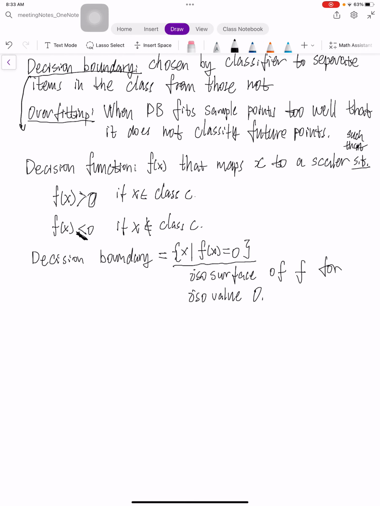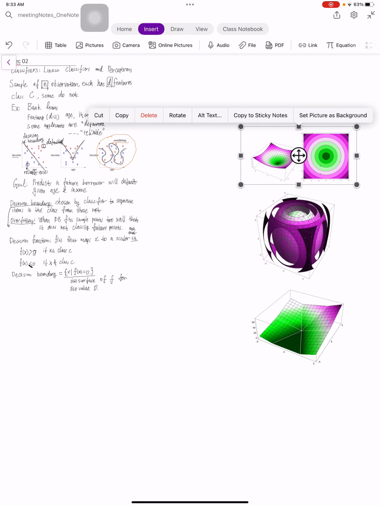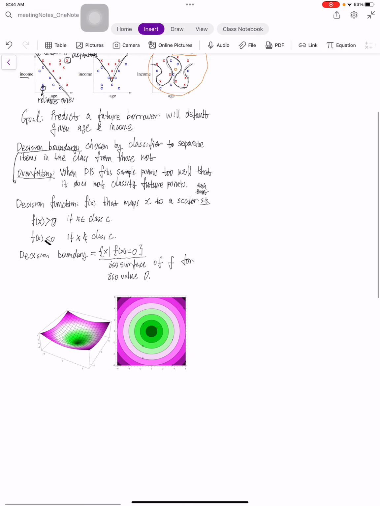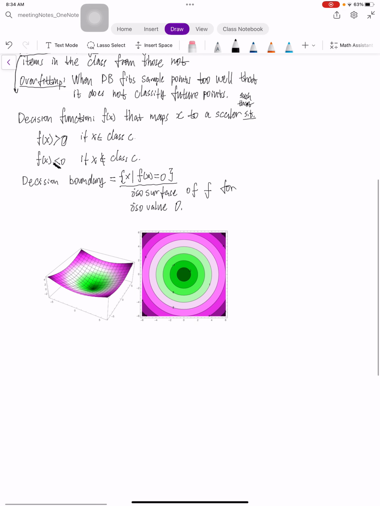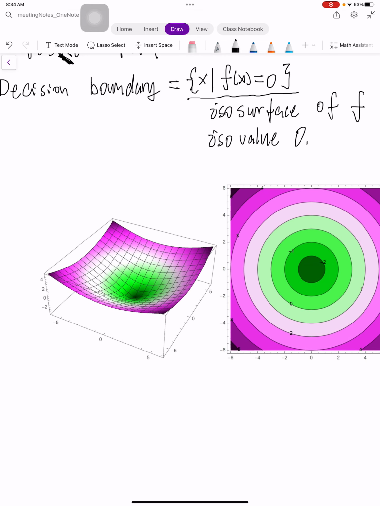A decision function could have other isosurfaces. For example, the isosurface at 1, the isosurface at 2. Let me put more graphs here. Suppose we have a data set with 2 features.